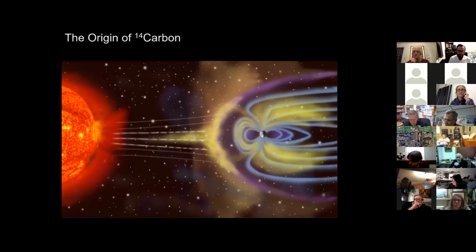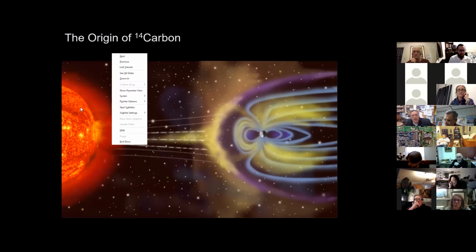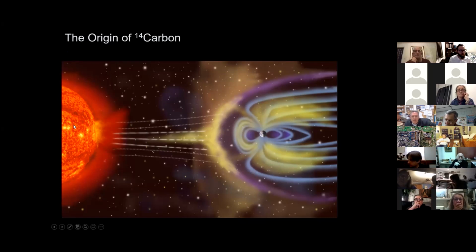It's actually reflecting the fact that the sun is this very dynamic object that is sort of at various times throwing out more or less of these particles. Its magnetic field fluctuates over time. The Earth's magnetic field fluctuates over time. So these fluctuations all influence how many cosmic rays enter the Earth's upper atmosphere and how much C14 is produced.